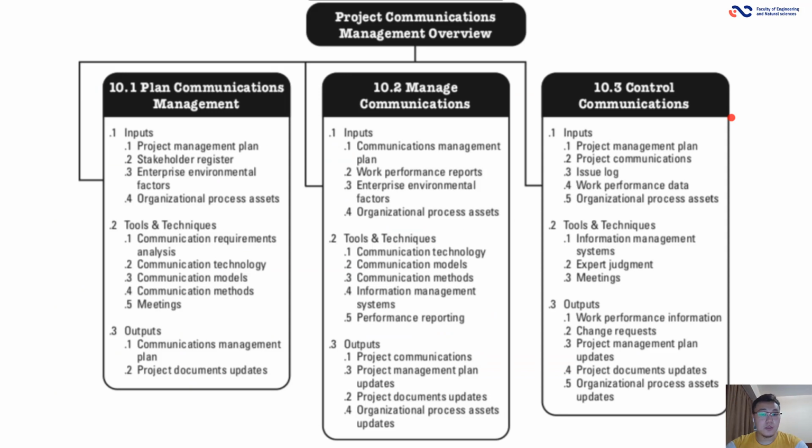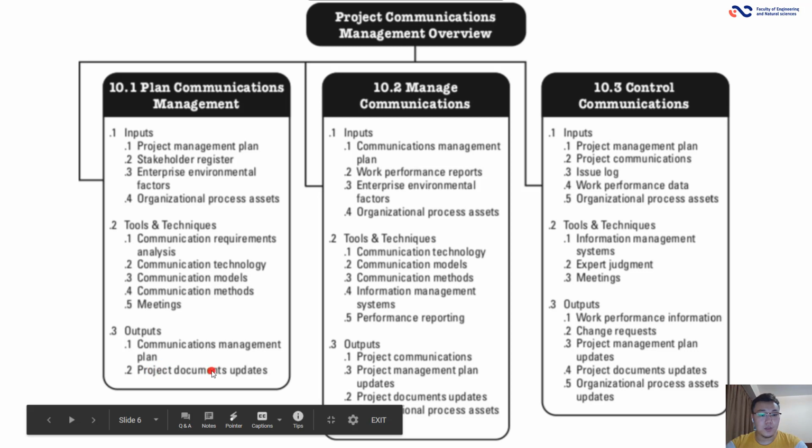Project communication management overview. Plan communication management, and in input we have project management plan, stakeholders register, enterprise environmental factors, organizational process assets. In tool and techniques, communications requirements analysis, communication technology, communication models, communication methods, and meetings. In outputs, communication management plan, project documents updates.